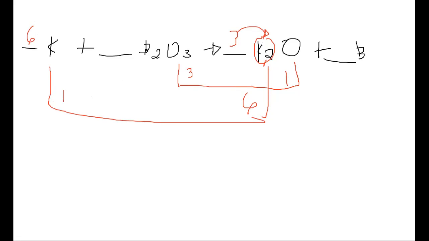So what's left to balance now is the boron, right? So we're not going to change the number of oxygen here because if we put 2 here, it would change the number of oxygen here. So we're just going to put 1.